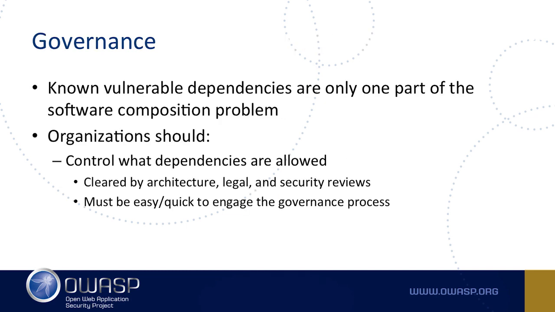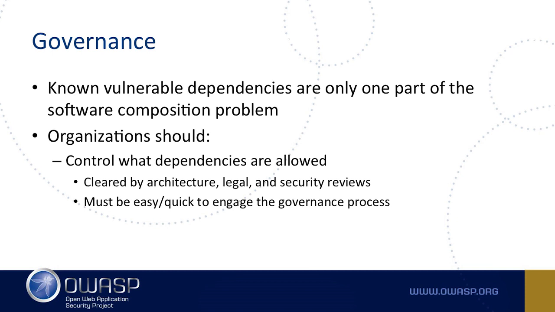Lastly, just to touch on governance a little bit. As I said early on, known vulnerable dependencies are only a small part of the issues with using FOSS in your organization and software, and the software composition problems. A lot of it has to do with legal, which is another huge risk. Are these things AGPL, GPL, BSD?